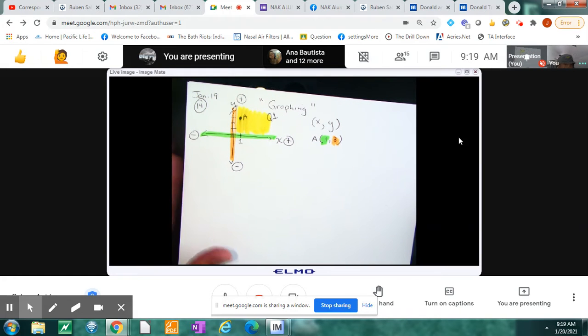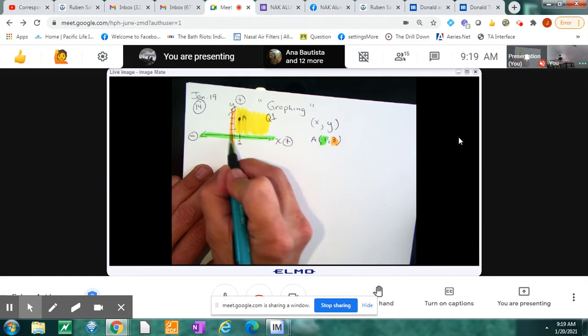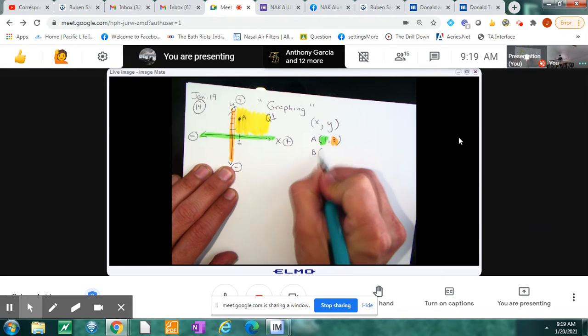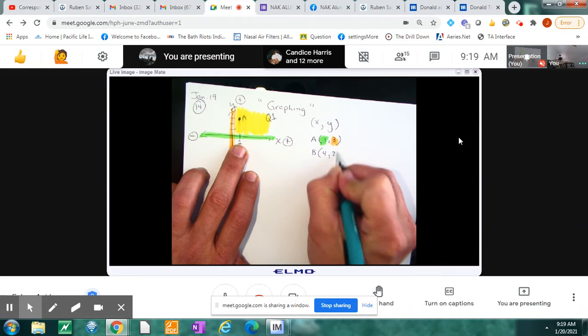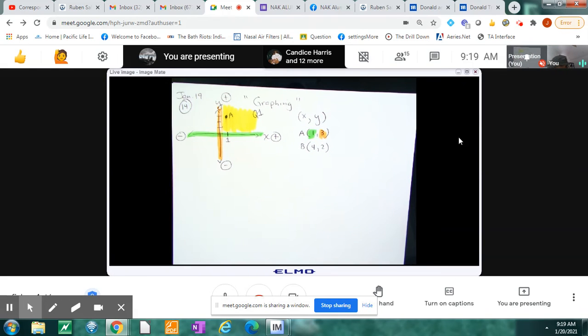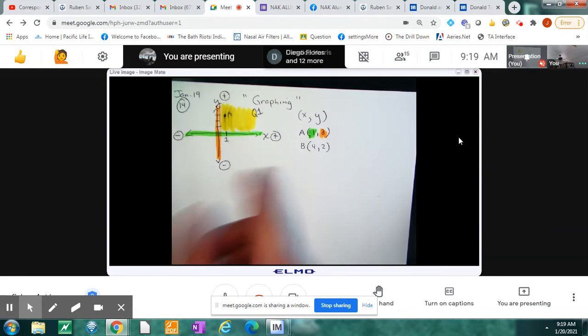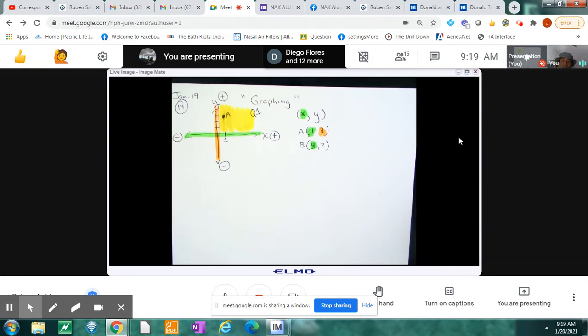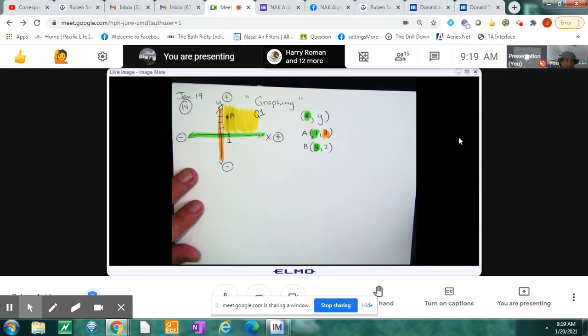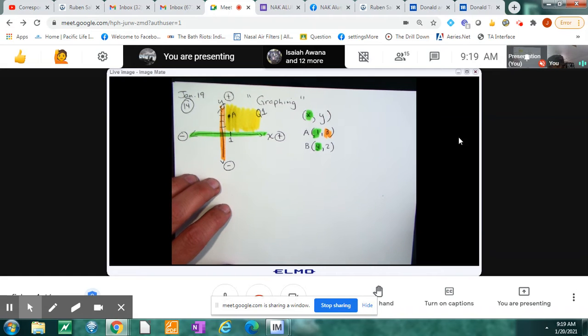Another one could be B, and we'll put (4, 2). Try to do that one on your own. Remember, the first number is your x, so look for positive 4. A lot of us don't have graph paper, do you guys have graph paper? If you have it, you could use it. If not, that's fine because I don't have graph paper.